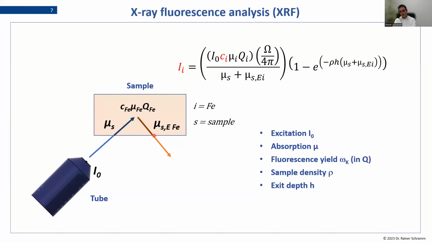And this is quite important because there will be a depth where we can't see the iron anymore. Let us assume it is excited here, and then on the way out, depending on your sample material, it could be absorbed 100%, so it will not leave. So there is a point in the sample where you can't look deeper into it. And this is what we call the penetration depth.